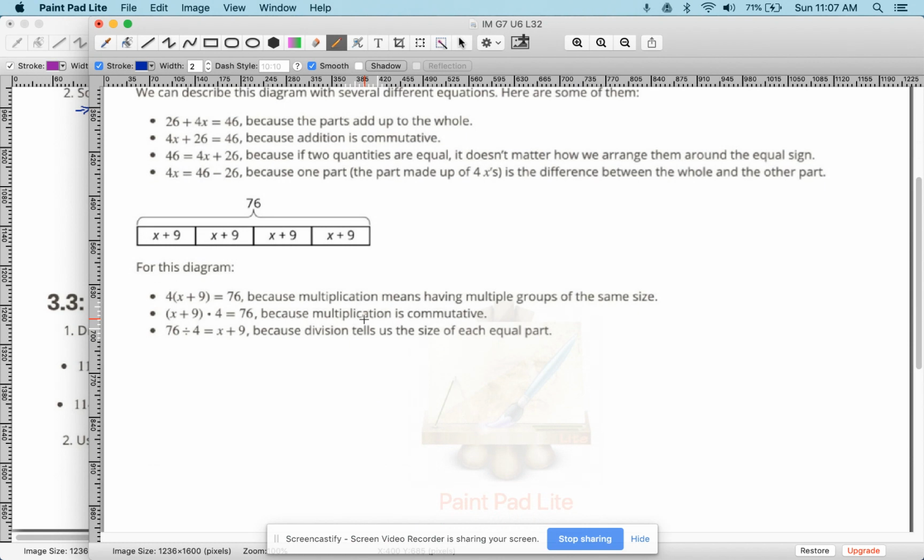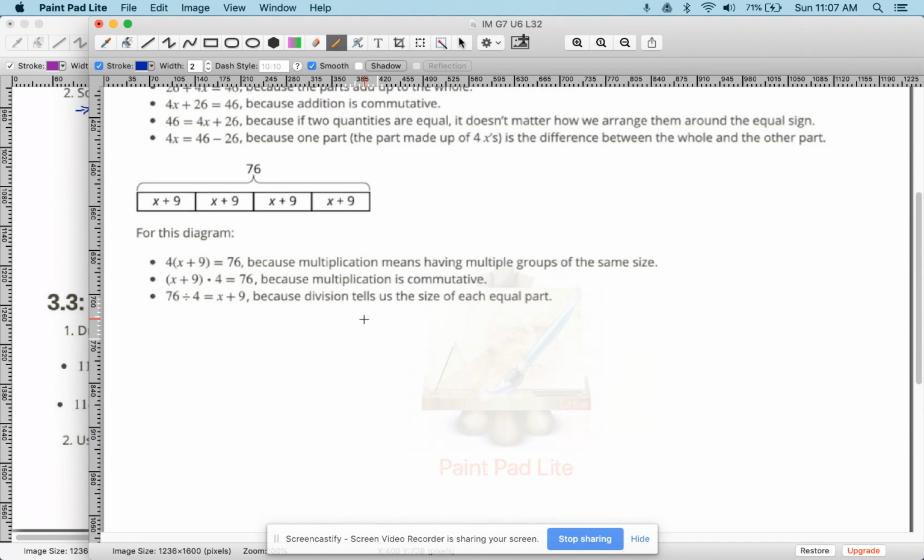The next sample they're showing us is the set with parentheses, basically. This x plus 9 is one term. This is one whole term, and this is one whole term. So it's not 4 different x's plus 4 different 9s. This is one term.